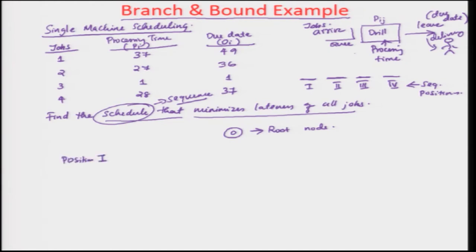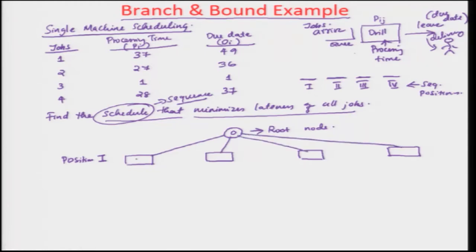Then you can have 4 possible options out of this. You can put 4 possible jobs. If you put 1 here, 2 here, 3 here and 4 here, that is equivalent to saying sequence position 1 is taken by 1, 2, 3 or 4.